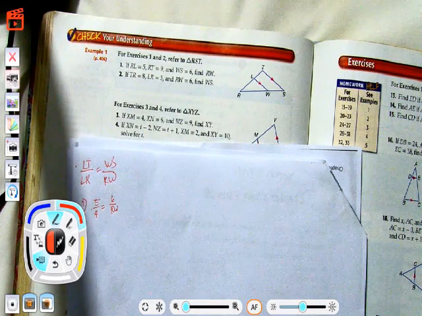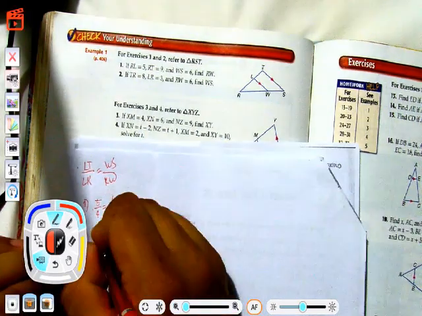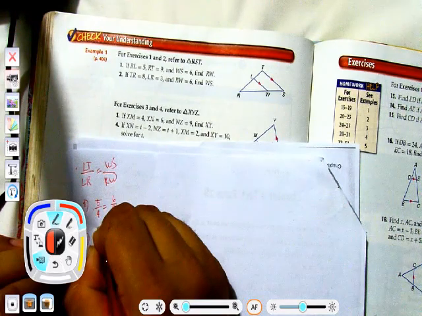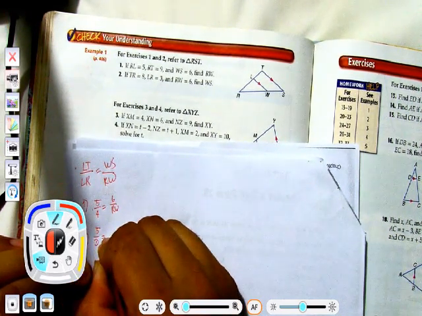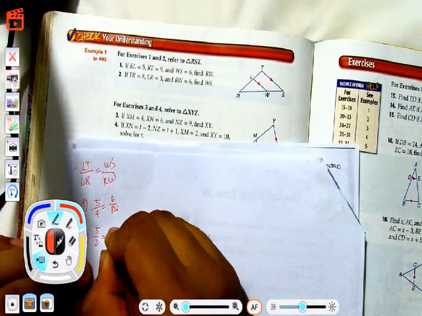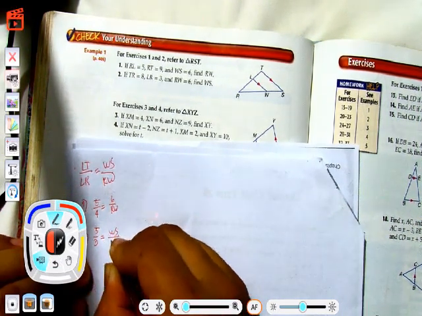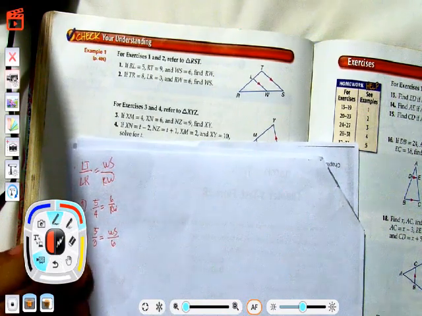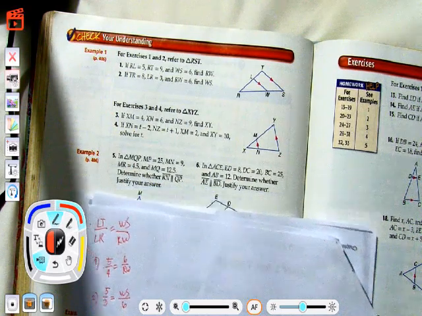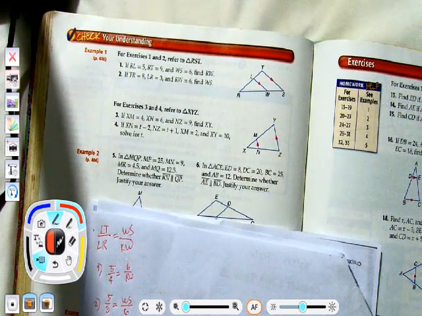So LT is 5 over 3 equals WS is the one that you're solving for over RW, which is 6, and then cross product.